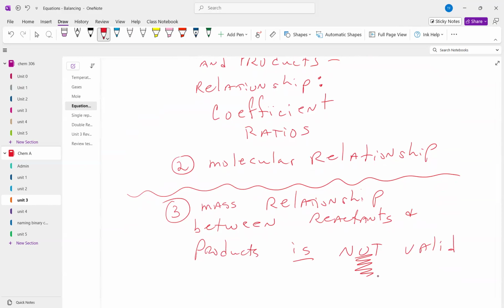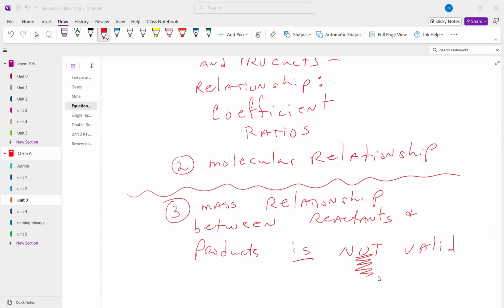A mass relationship is not valid other than total reactants equals total products. In terms of the individual reactants and products, mass is not valid.